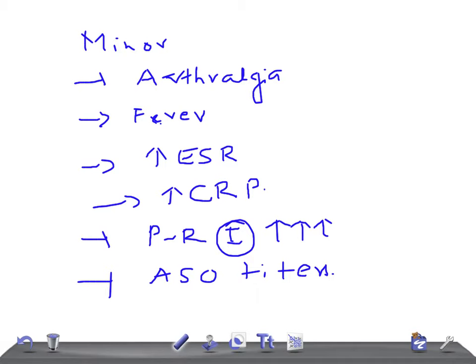Okay, so let's talk about the most common manifestation, that is arthritis. The most common manifestation of rheumatic fever, affecting 70% of the patients, is arthritis.